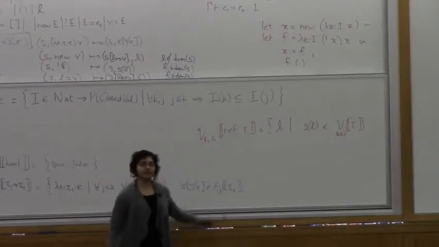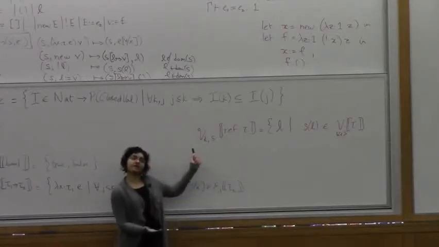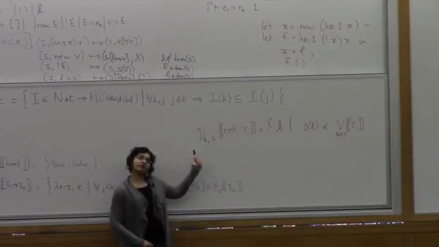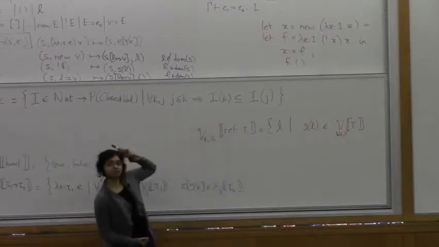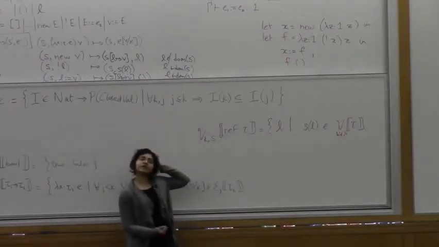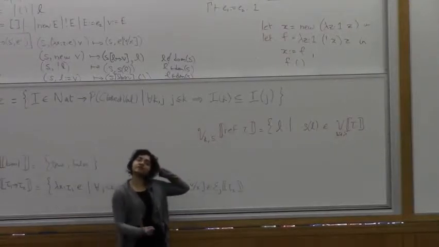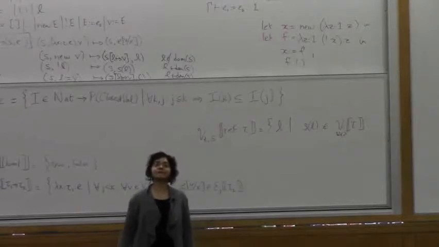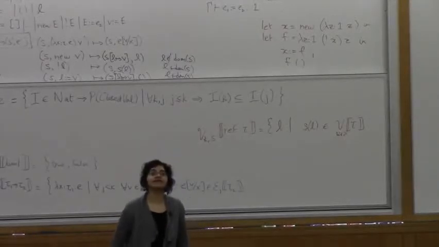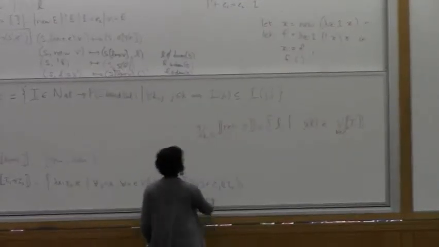So if this is my semantics of references, this tells me what will happen when I read, but how do I ensure that I do the right thing, the thing mandated by the assignment rule? How do I know that I do the right thing when I write into that cell? Yeah? Some sort of typing restriction on the store? You have to have some sort of typing restriction on the store, right?